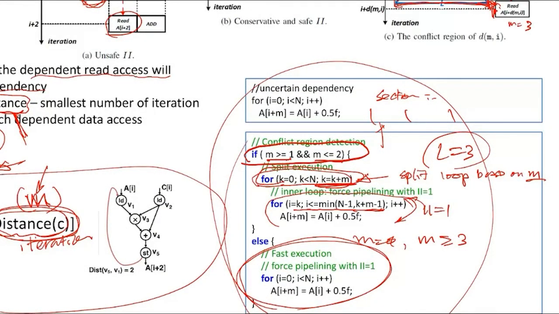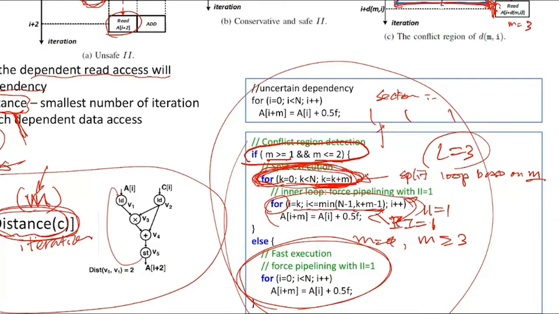Look at the code, how you write it. For this inner for loop you will have II equal 1, and the outer loop you cannot pipeline. The outer loop doesn't have a pipeline.